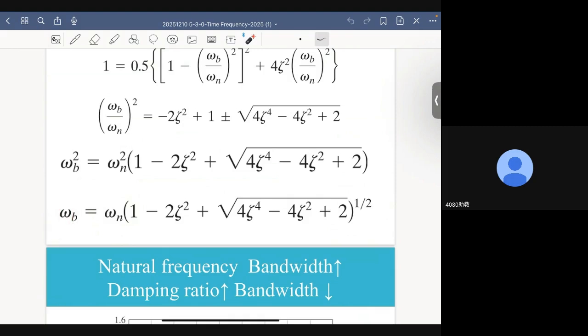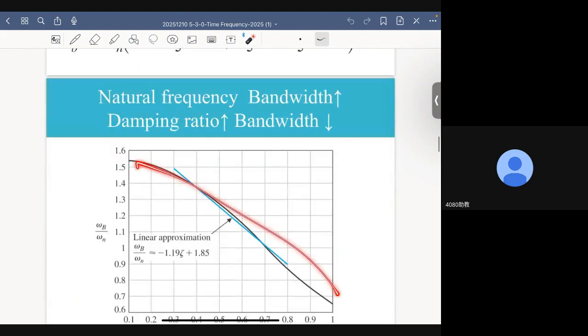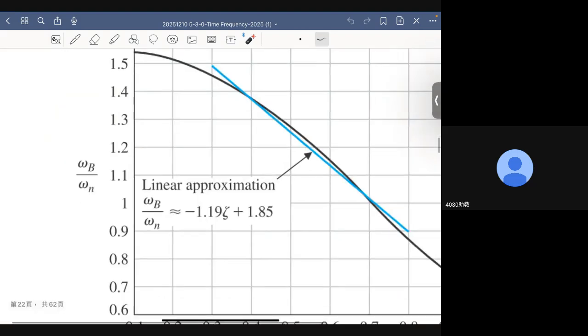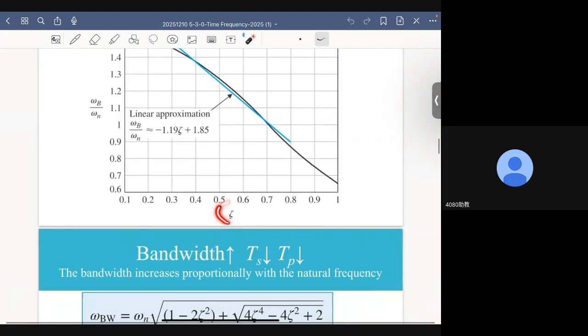That's number one. Number two, bandwidth also has something to do with damping ratio. But this equality is too complex to visualize such a connection, so we just plot it out. Here, the horizontal axis is damping ratio.